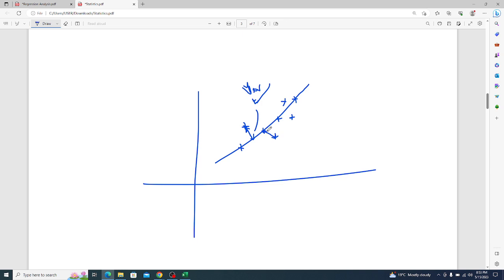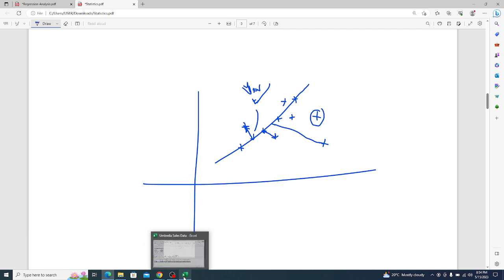The closer the data points are to the line of best fit, the better the model. Then the larger the distance between the data points and the regression line, the poorer the model.